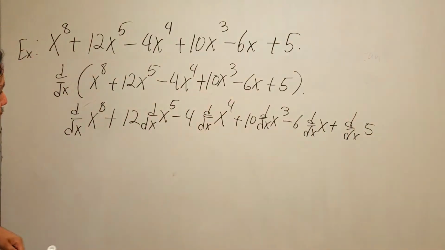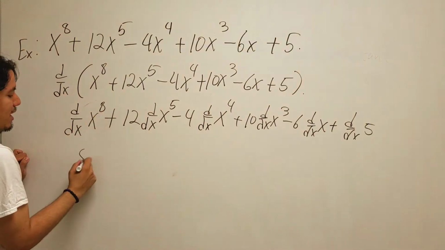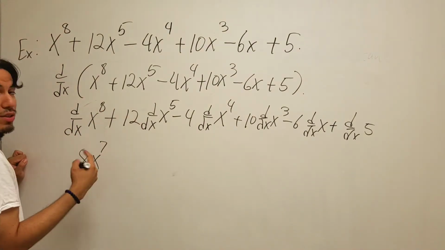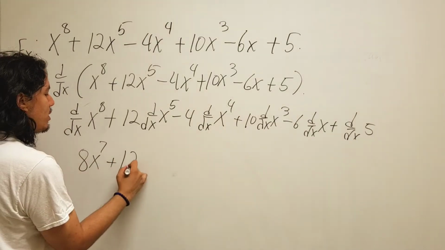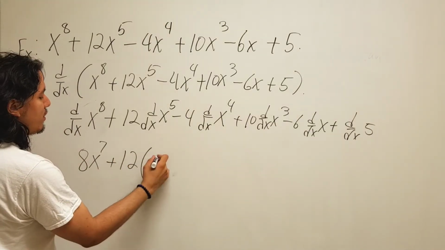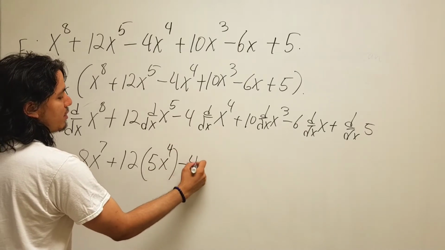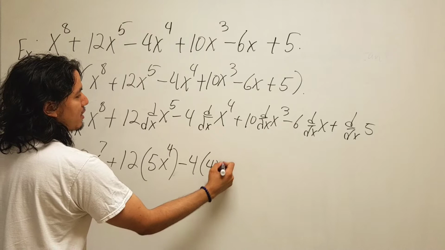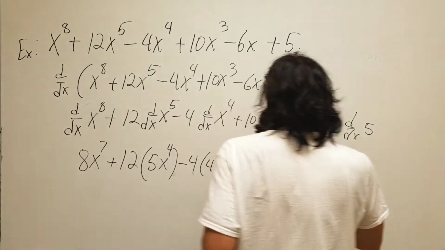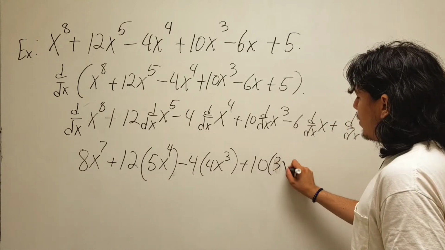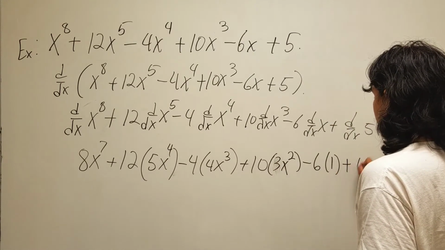So when we differentiate this, we're going to get 8x to the 7th based on the power rule that we learned yesterday. 12 times whatever the derivative of this is, so it's 5x to the fourth, minus 4 times 4x to the third, plus 10 times 3x squared minus 6 times 1 plus 0.